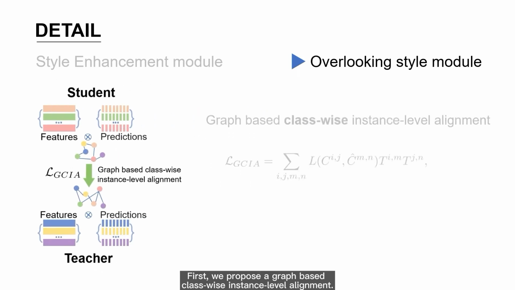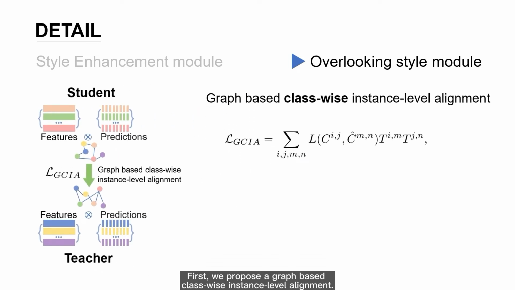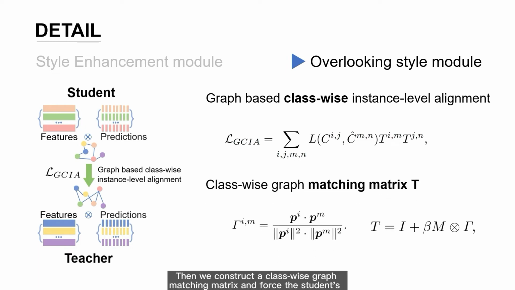First, we propose a graph-based class-wise instance-level alignment, taking the feature similarity of each instance as a vertex. We construct two graphs, one for the student and another for the teacher. Then we construct a class-wise graph matching matrix and force the student's graph to approximate the teacher's under the constraint of the matching matrix.